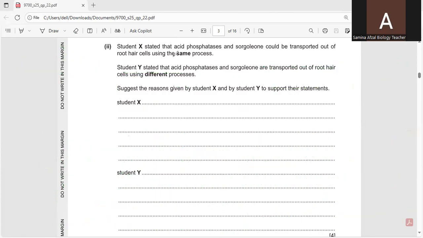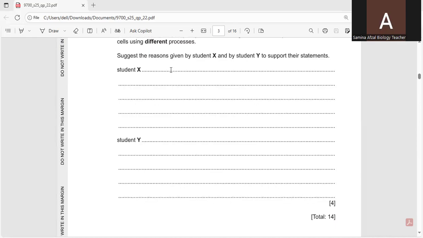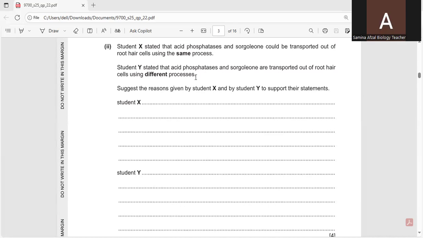Student X stated that acid phosphatase and sorgoleone could be transported out of the root hair cells using the same process. Student Y stated that acid phosphatase and sorgoleone are transported out of the root hair cells using different processes. So there are two students, X and Y, with different statements.